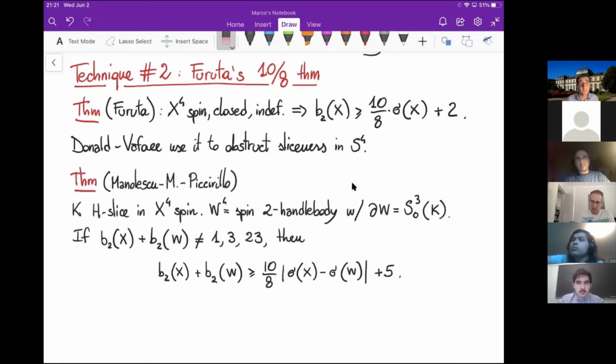So what we get is that if K is an H-slice knot in a spin four-manifold, and if W is a spin 2-handlebody with boundary the 0-surgery on K, then if the sum of the two Betti numbers is not 1, 3, and 23, which is a technical condition that I will explain in a second, then we have an inequality involving the Betti numbers of X, W and their signatures.